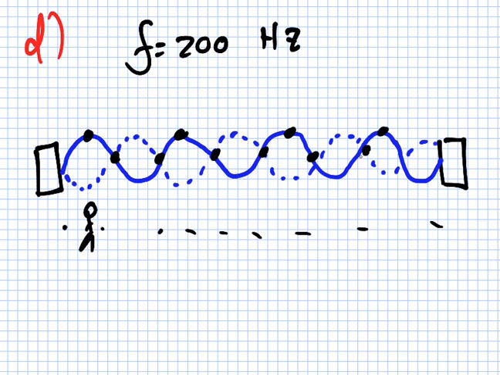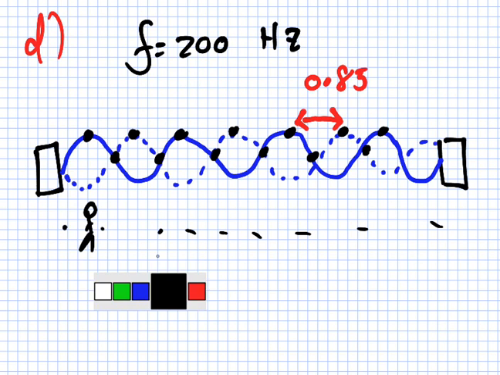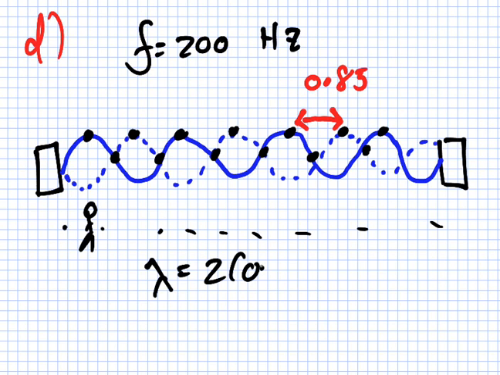At the antinodes is the loudest. So the distance between the loudest is 0.85. Two times, yeah, so the wavelength would be two times this. 1.7?